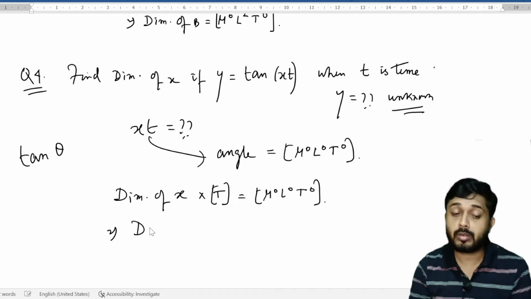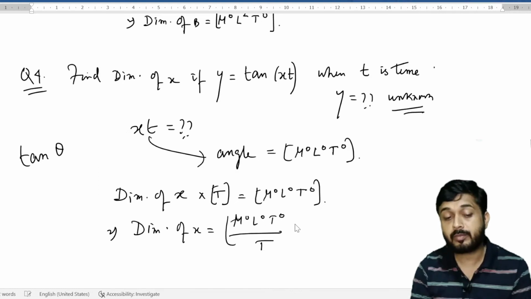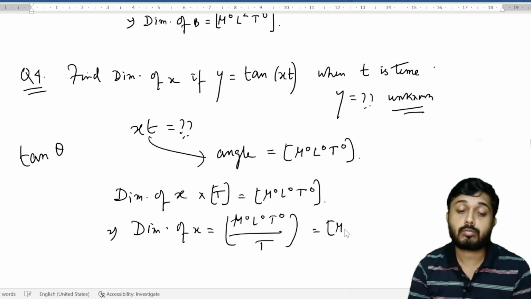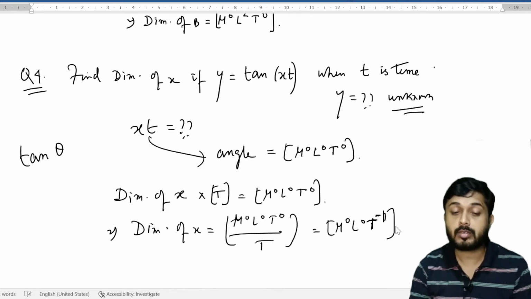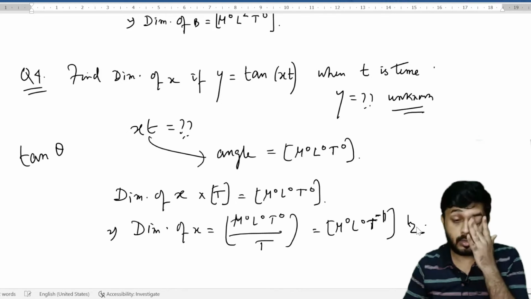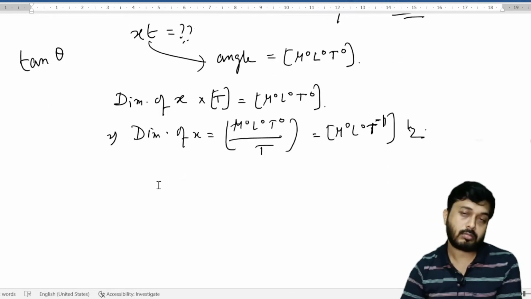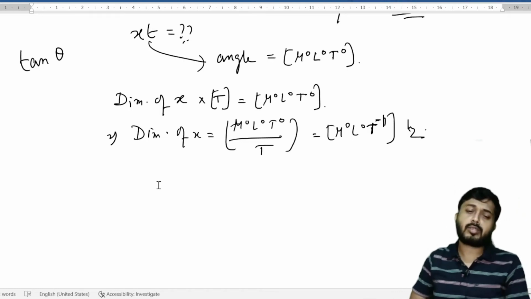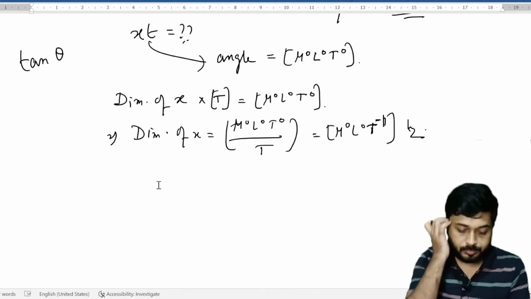So from here the dimension of x is equal to M to the power 0, L to the power 0, T to the power 0 divided by T. So M to the power 0, L to the power 0, T to the power minus 1, isn't it? Yes, and that is the answer for the dimensions of x. That is the dimensional formula. Dimensions are 0, 0 and minus 1 on M, L and T. Is it clear?